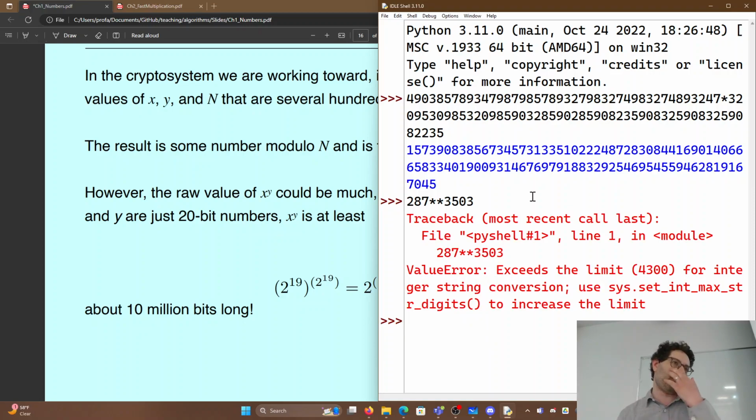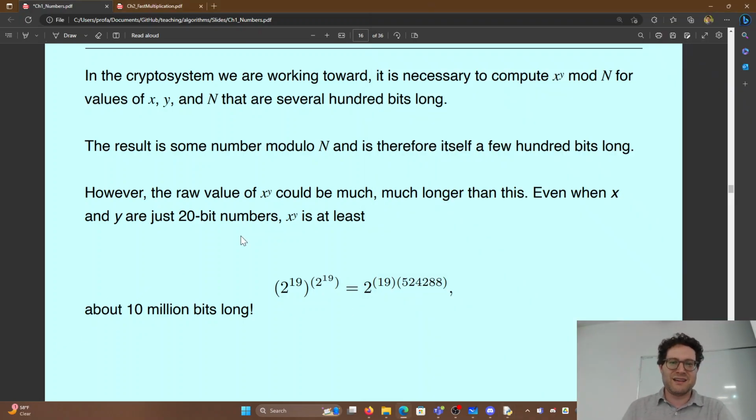It gave up and threw in the towel. Use set string int max digits to increase the limits. So it is possible for you to modify how long that is in Python. But the result, if it's mod n, can be a few hundred bits long itself.